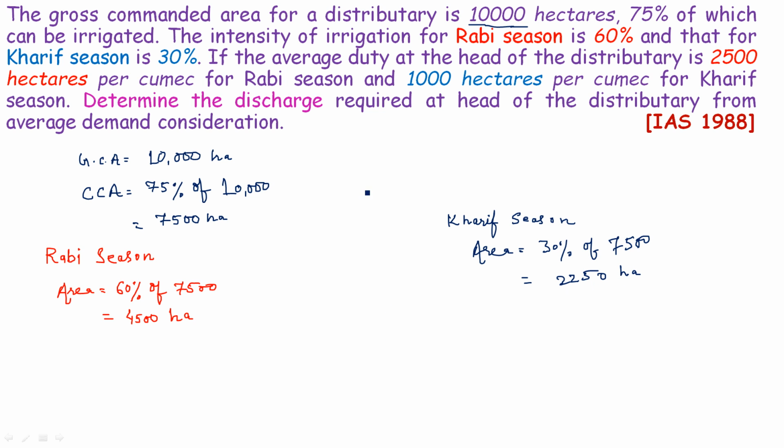Now, the average duty at the head of the distributary is 2,500 hectares per cumec for Rabi season and 1,000 hectares per cumec for Kharif season.